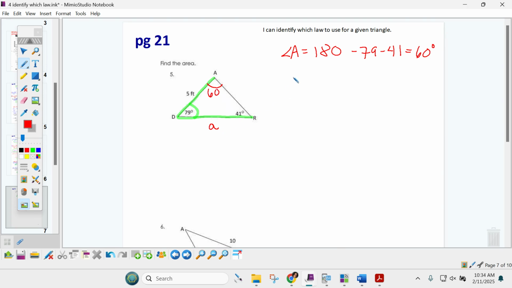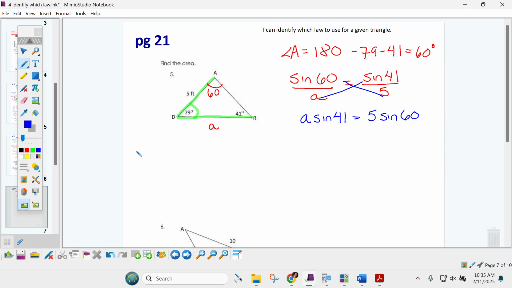So let's use the law of sines. To find side A, I'm going to cross multiply. Type this in your calculator and you should get 6.6 feet.